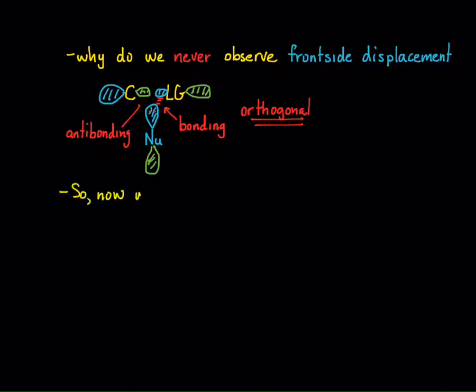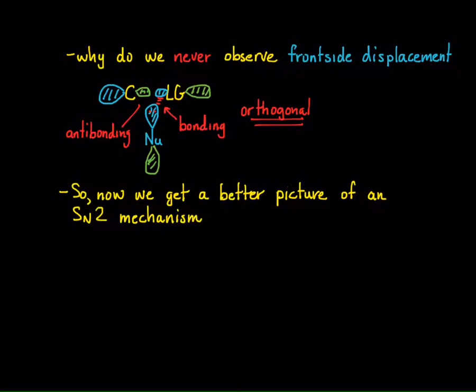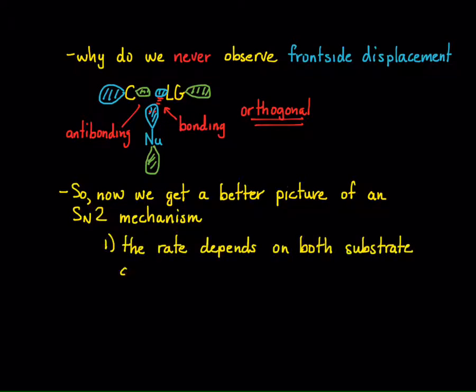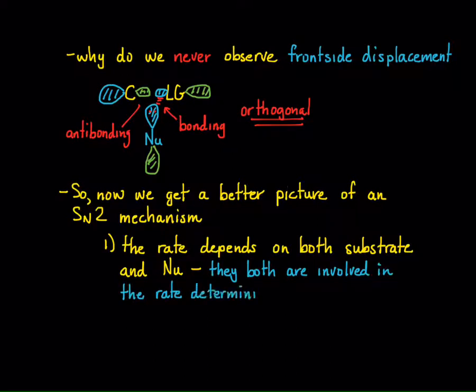So now we have an even better picture of an SN2 mechanism. Let's simply recap what we've already talked about. We see that the rate of the reaction depends on both the substrate, the alkyl halide, or whatever leaving group is on there, and the nucleophile. Which means that they are both involved in the rate determining step.